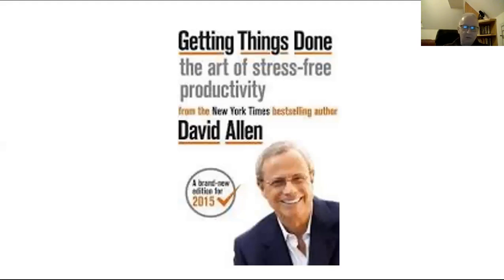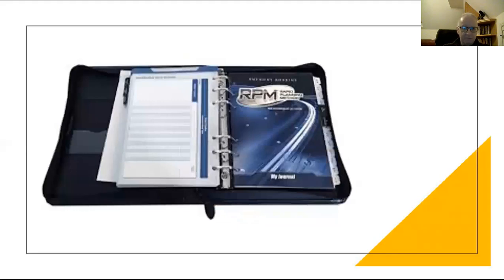So I go into my GTD list, my getting things done list. I'll pick out 3 to 4 of the top things that I believe will produce the majority, the 80% results for that day.